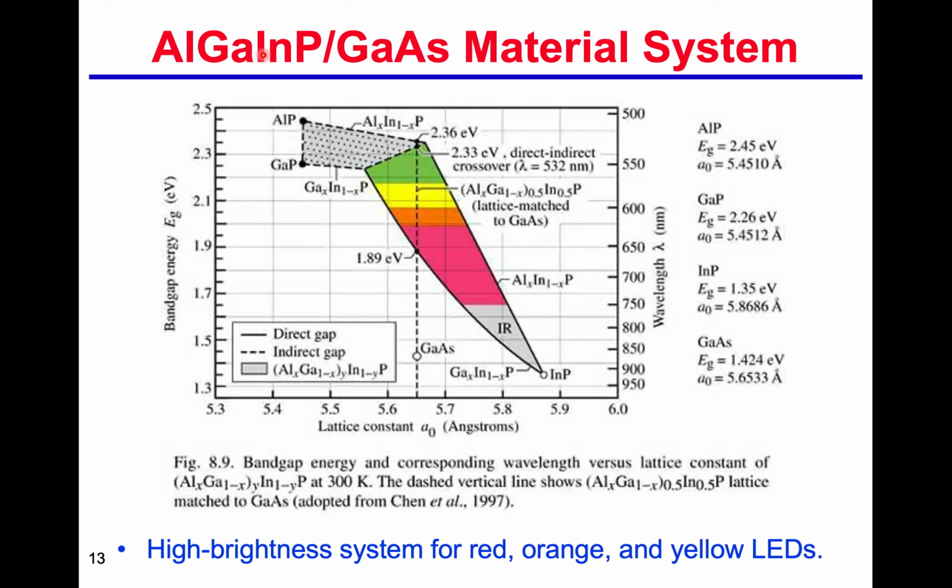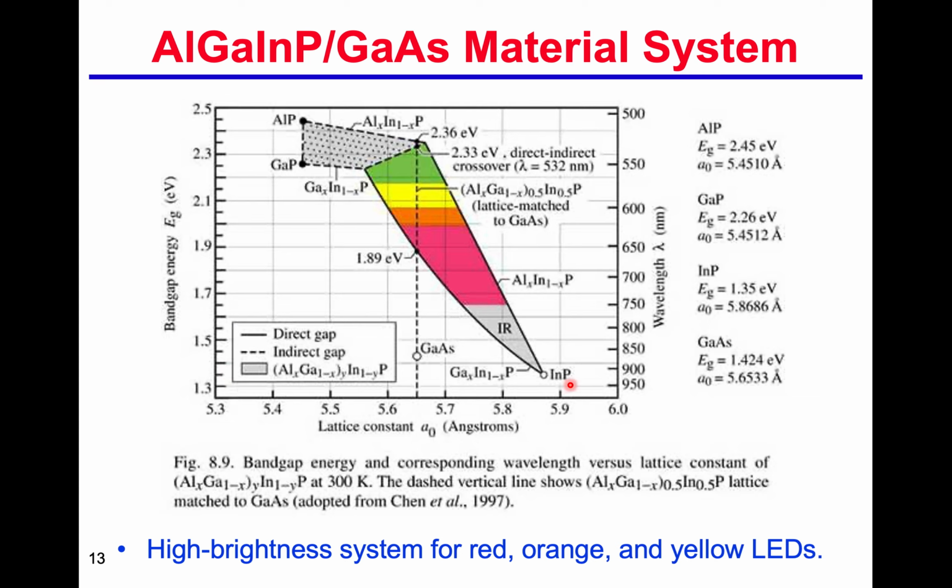It's a group 3 material, and they combine with the group 5 element, phosphide. So this we call the quaternary, because there are 4 elements going together on the substrate of gallium arsenide. Okay, so let's see, you can see some points here.